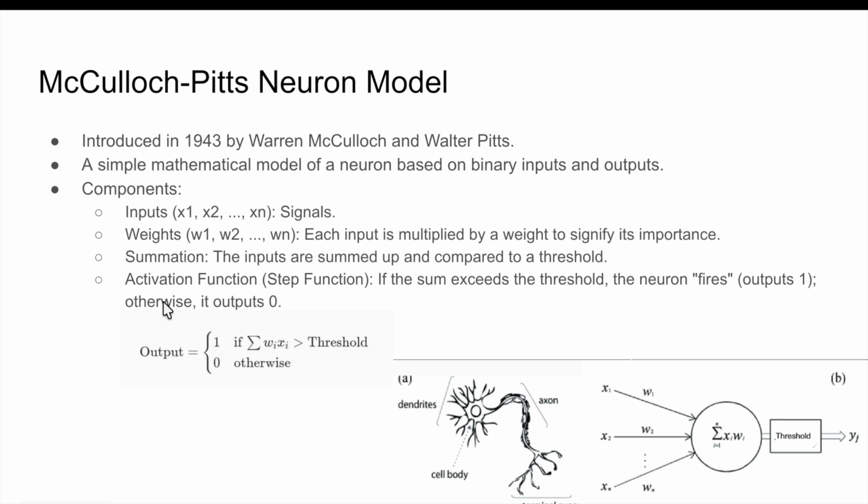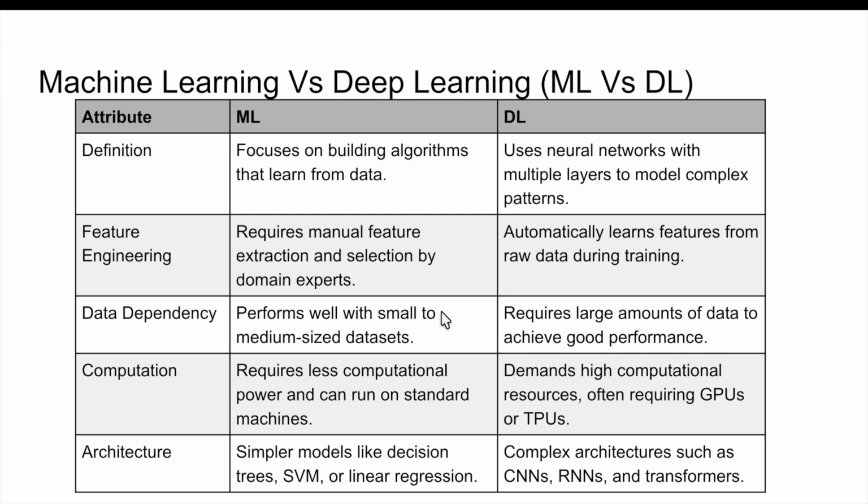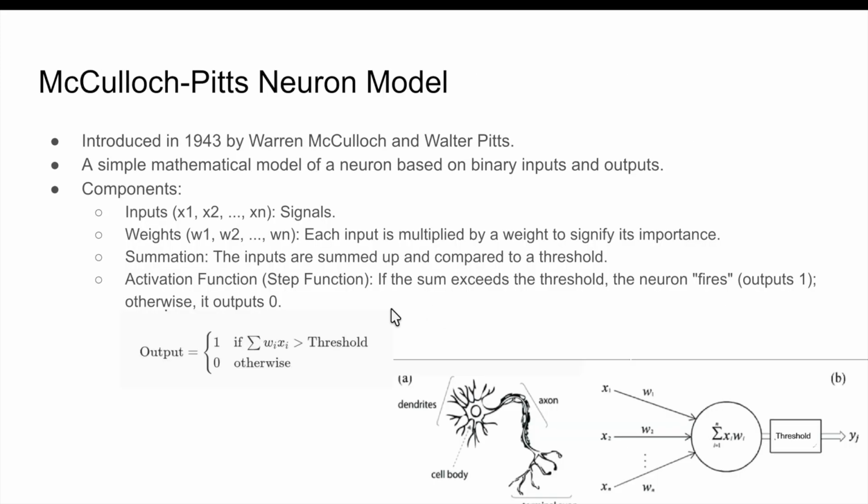And the activation function, also called the step function. Basically, if the sum exceeds the threshold, it fires, that is, outputs 1, or else it outputs 0. What is given over here is basically the model which we saw in the previous lecture, the biological neuron, replicated.